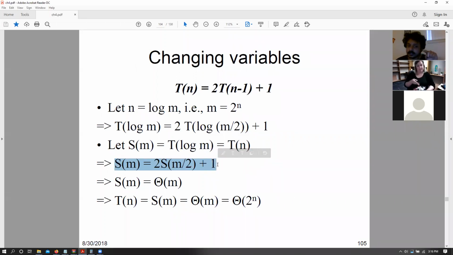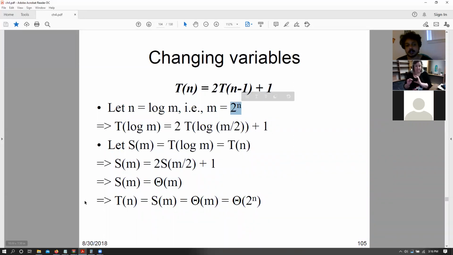We just looked at examples using the recursion tree earlier, that 2T(n/2) + 1 gives a recursion tree where we have 1, 2, 4, 8, and so on. In that case, our time complexity was Theta(n). Similarly, here we have S(m) = Theta(m), where m = 2^n.